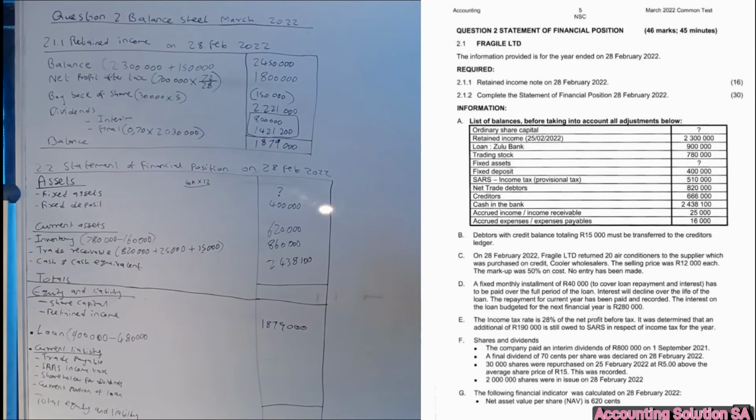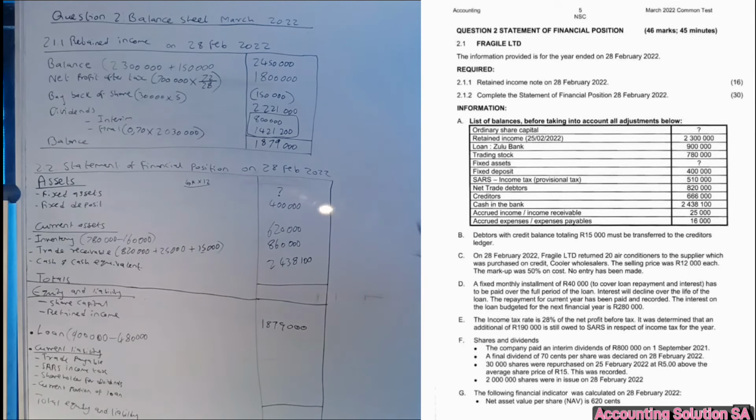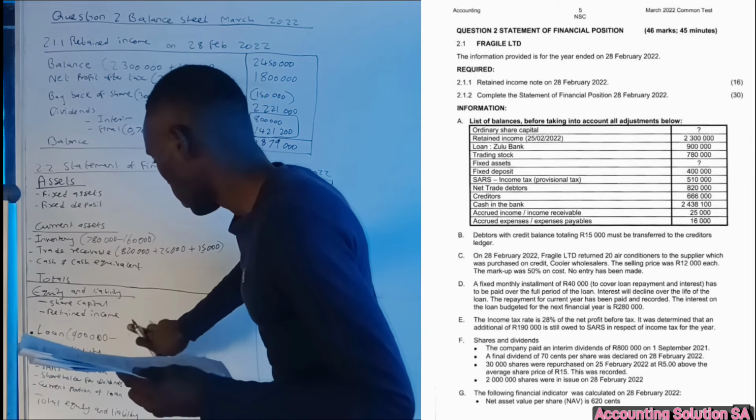balance. Now remember they said that there is an amount of 280,000 of interest which was budgeted for the next financial year. Let's do it in this way.